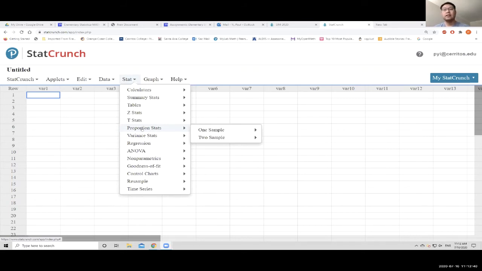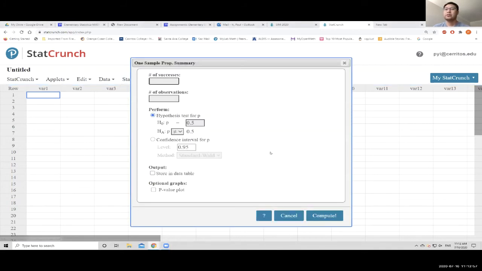We do exactly the same thing. Rather than confidence interval, we're going into hypothesis testing. We have one sample, and we have summary of data, not the raw data.